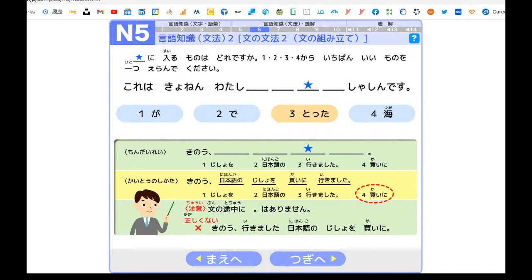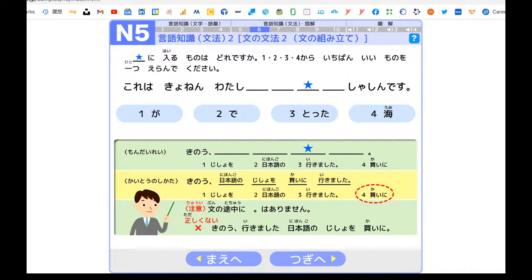So 撮った goes in the very last blank. 撮った写真です。Okay, so これは去年私撮った写真です。So maybe you're describing, this is a picture which I took last year.